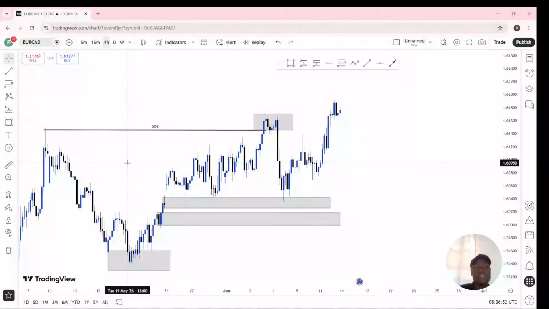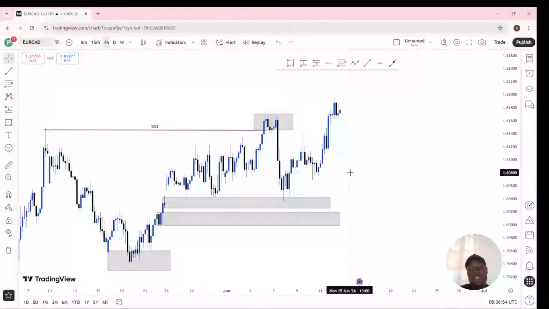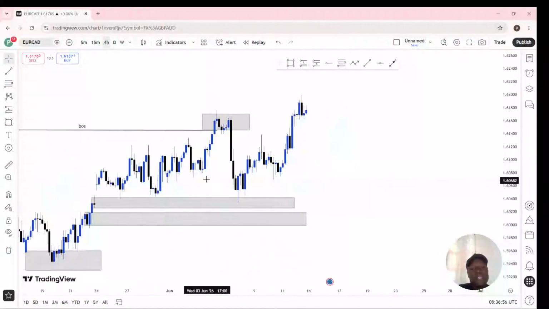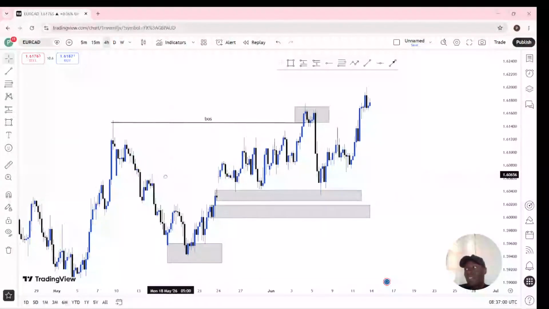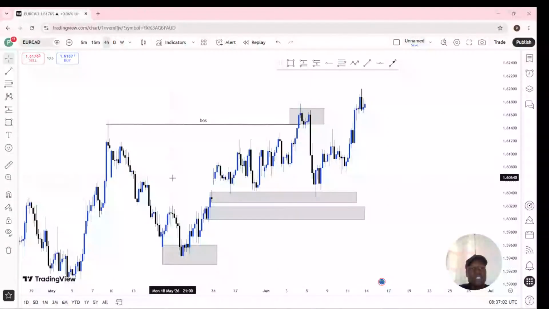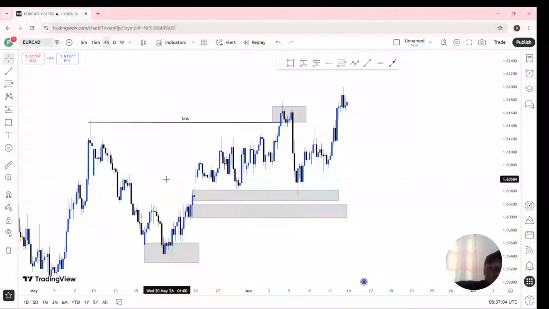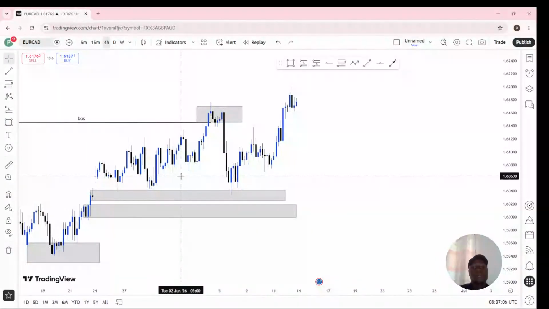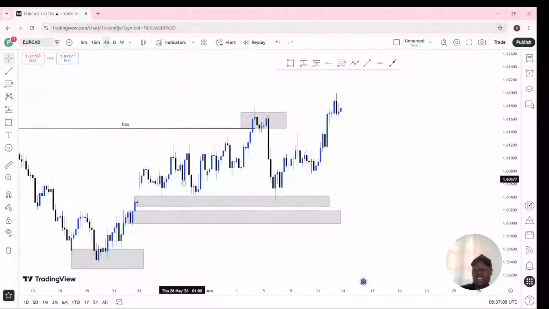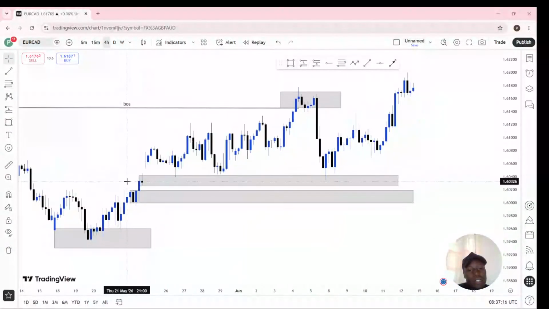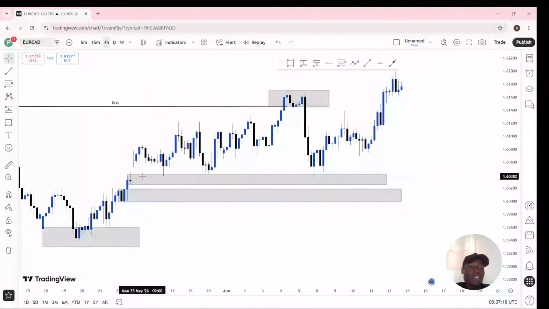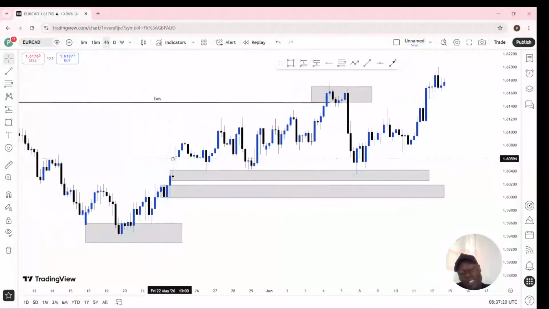Our trading style works in 3 major time frames: the bigger time frame, which is the 4H, the intermediate time frame, the 15 minute, and the 1 minute entry. That's where we enter from to minimize the losses. If it doesn't work in that area, then we know that trade is invalid.